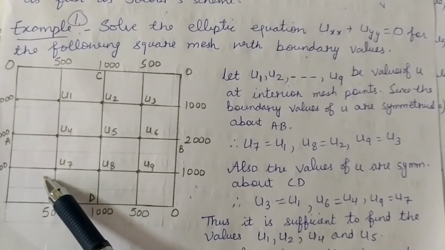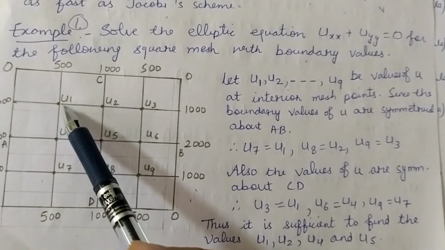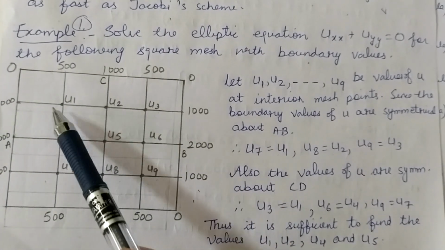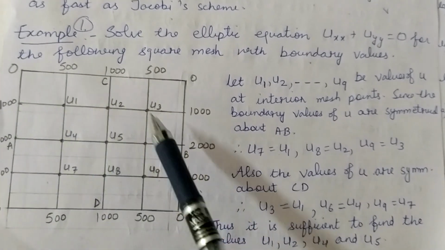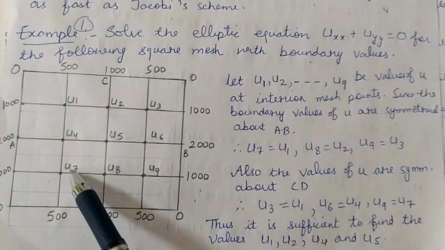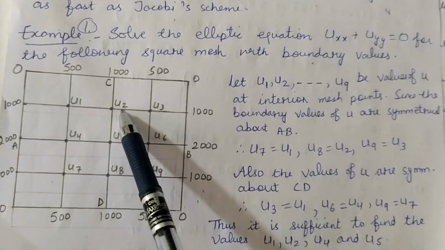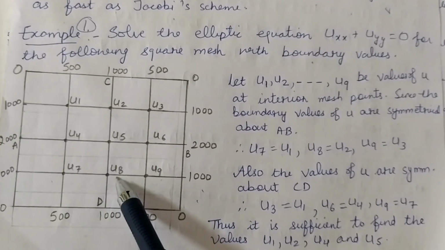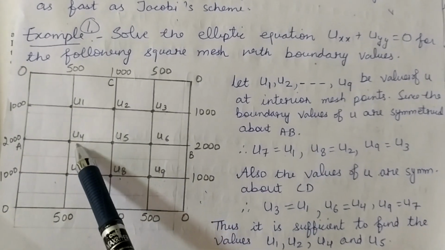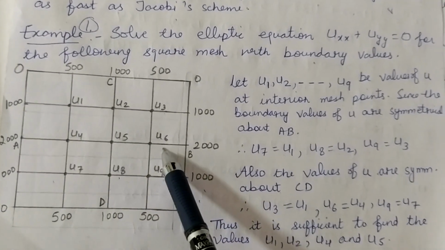Okay. So this implies if I find out this value of u1, then I have the value for u3, u9 and u7 because they all are same. Similarly, if I find out the value for u2, so I have the value for u8. If I find out the value for u4, then I have the value for u6, right?